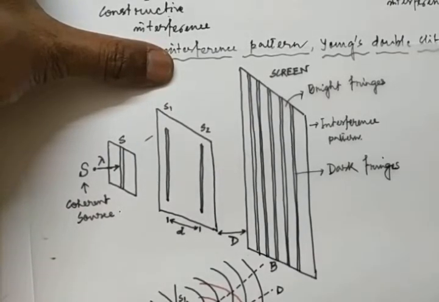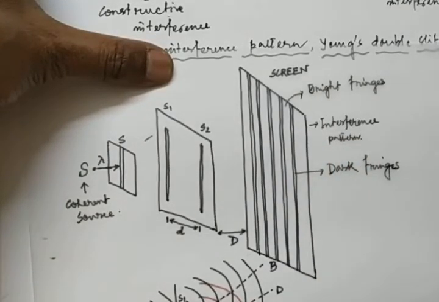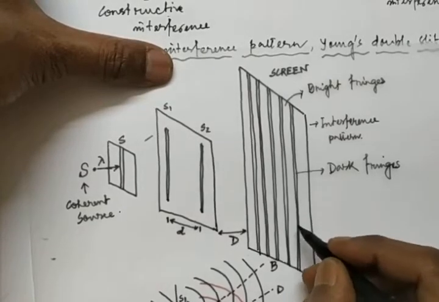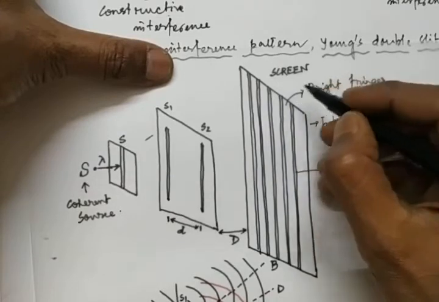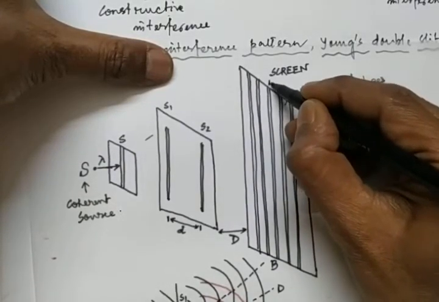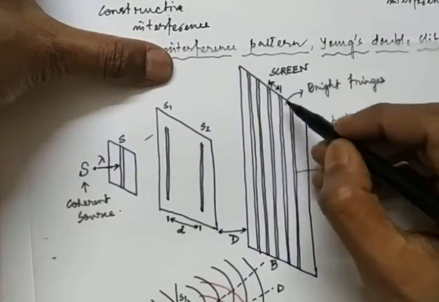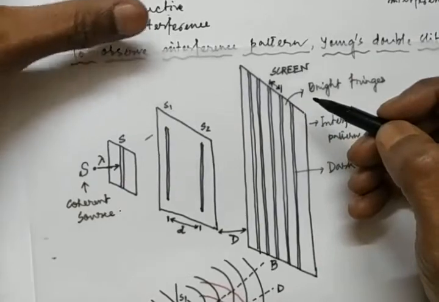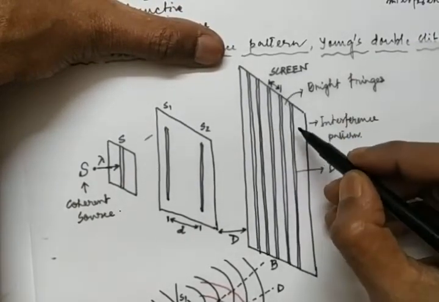Okay, so the distance between these two fringes is known as fringe width. So these are very important terms for you. So the distance between these two black spots or black lines, or the distance between the two white bands is called fringe width. Remember, this is called fringe width.